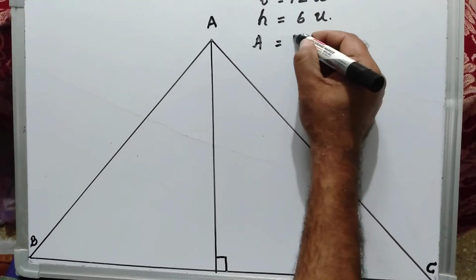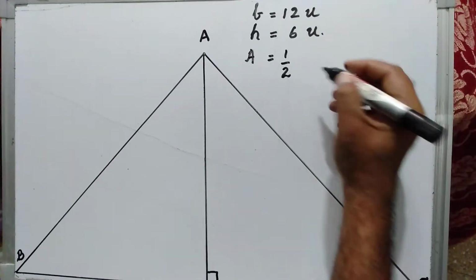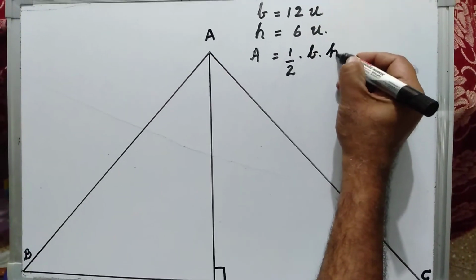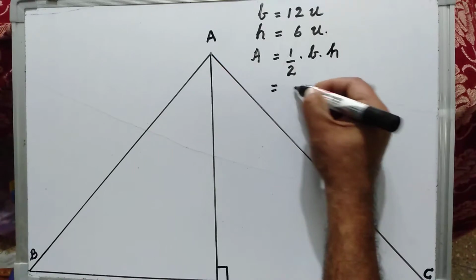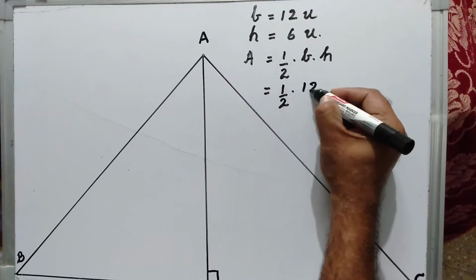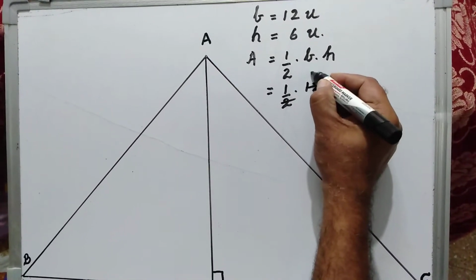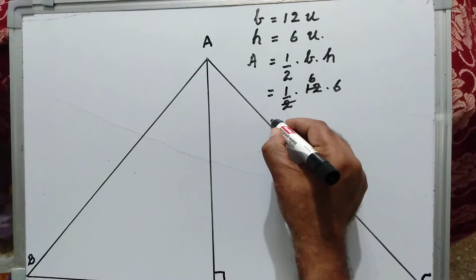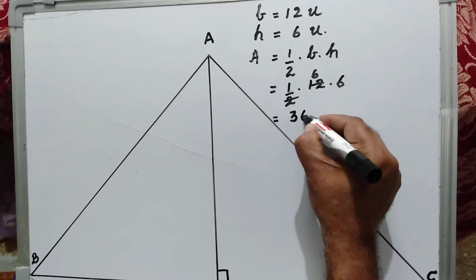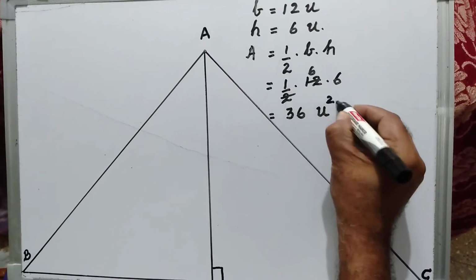The area of the triangle is given by the formula half base into height. So I'll have the area equal to half into base 12 into height 6, and on simplification I will get the final answer as 36. And what is this 36? Square units.